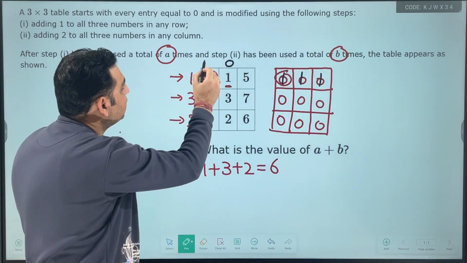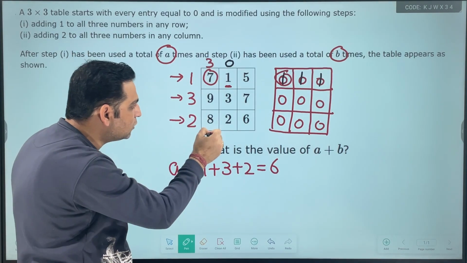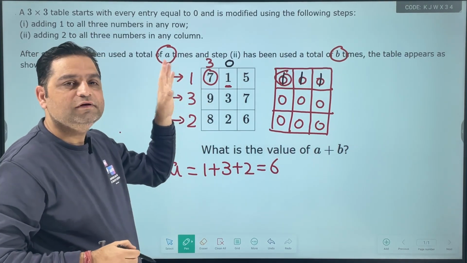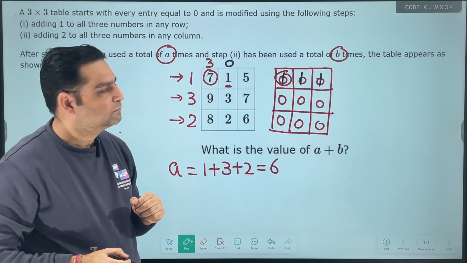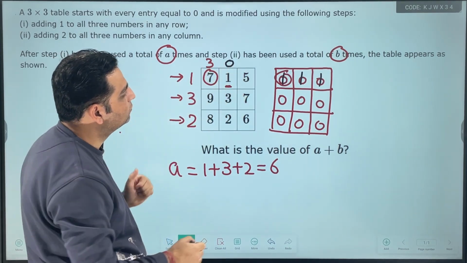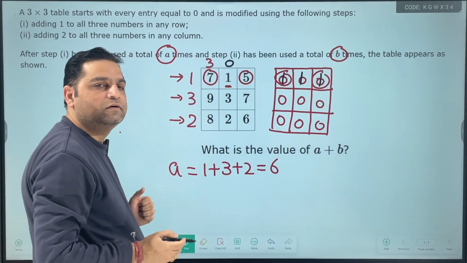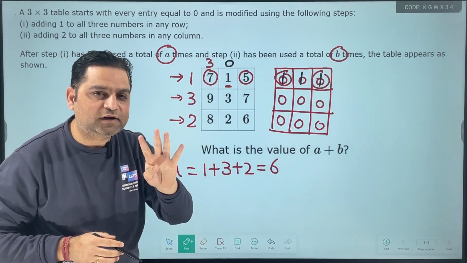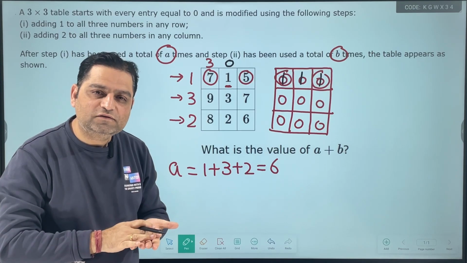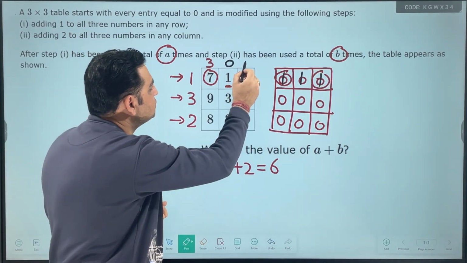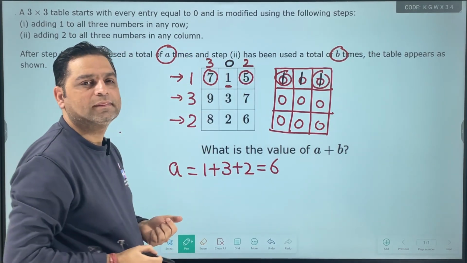That means 3 changes are done in this column. That is the only way 1 becomes 7. Check the final column. This was 1, it is becoming 5. 1 becoming 5 means 4 is added. When 4 is added, that means a column change is done twice.